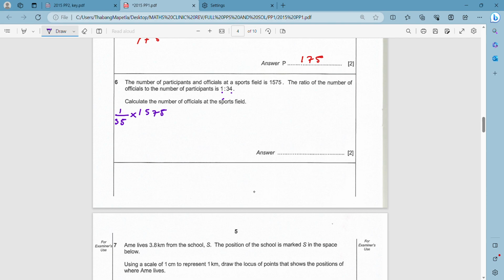So we're going to do simple division. 35 into 15, it can't. 35 into 157, which is the one you're going to calculate. So 157 divided by 35.